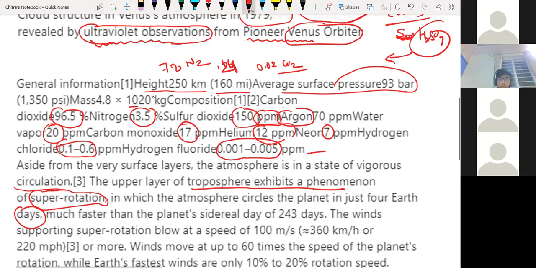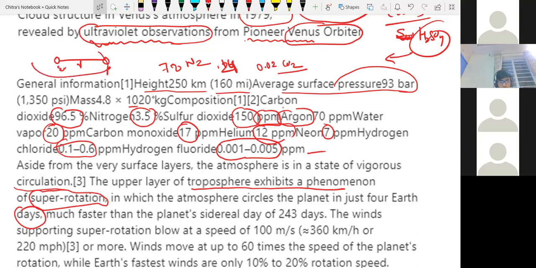That means, see, with the third law of Kepler, we have already understood that the distance from the sun to the planet, the mean distance, is represented by r. What is r? It is the mean distance between the planet and the sun.